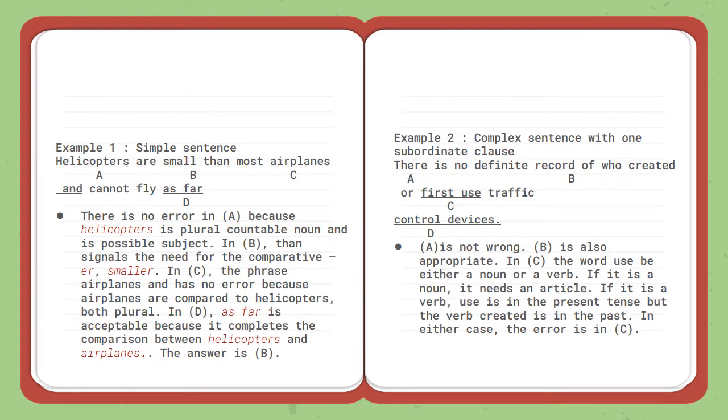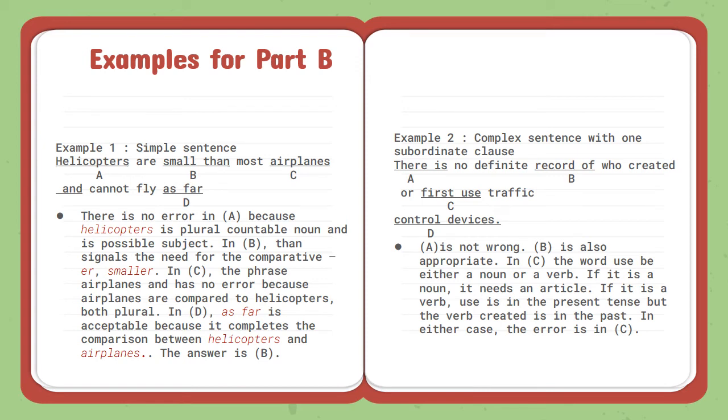Alright, next example, a simple sentence: Helicopters are small than most airplanes and cannot fly as far. Okay, this is an example for Part B, yeah? Here is no error in A because helicopters is a plural countable noun and is a possible subject. In B, here, than signals the need for the comparative er.